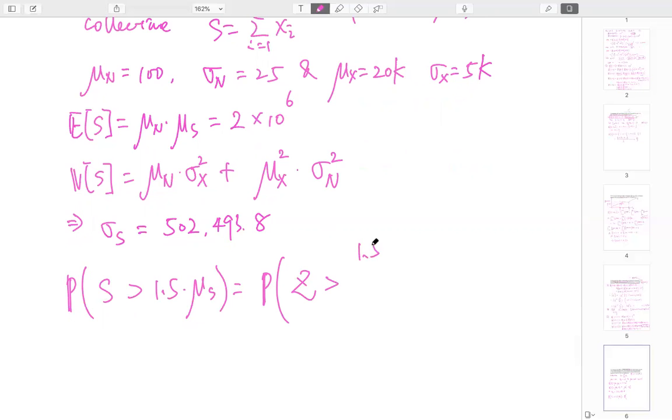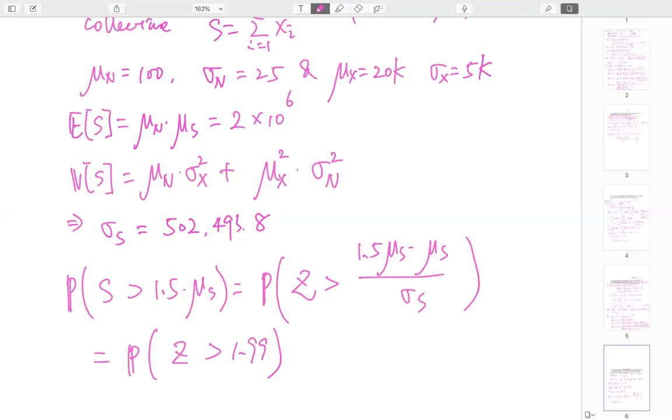So this would be 1.5 mu S minus mu S, divided by sigma S, right? So you can quickly do the computation. This is about 2, or 1.99. So it will be 1 minus the number you get from the table. So it's a very small number.